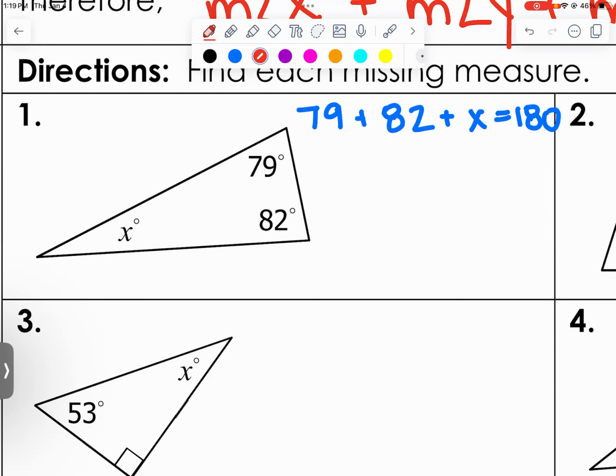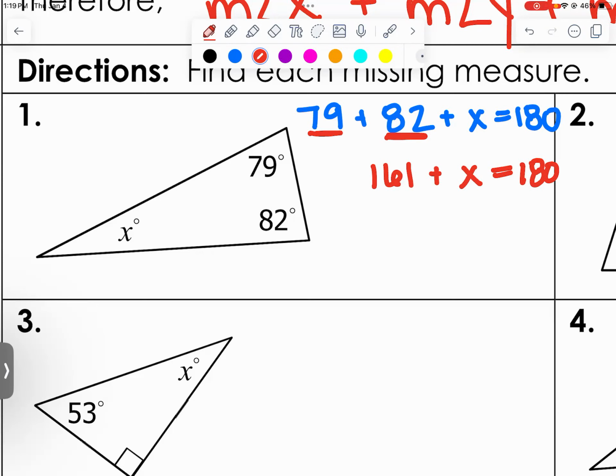Lainey knows we need to get X by itself, and so she says, let's subtract those over. Before we do, let's take 79 and 82, and since they're both numbers on the left side, let's add them together. So what is 79 plus 82? 161. Okay, so now we have 161 plus mystery number X equals 180.